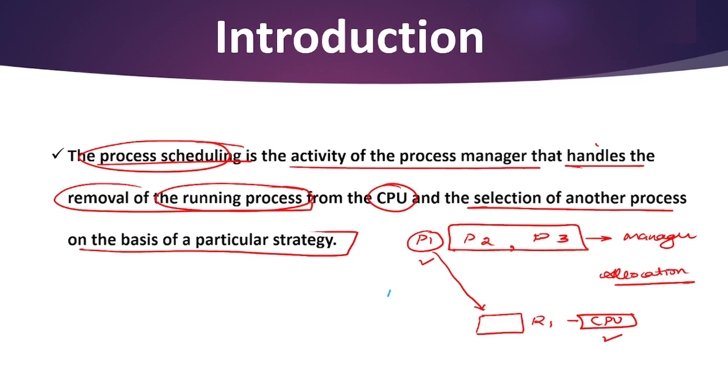That means it is in the running state, the running process at that particular time, and at the same time processes P2 and P3 are the waiting processes that are waiting for P1 to release the resource so that these two remaining processes can capture that particular resource. Okay, so here we have some particular strategies that we will cover later in this video.